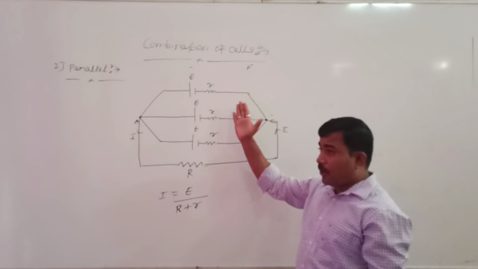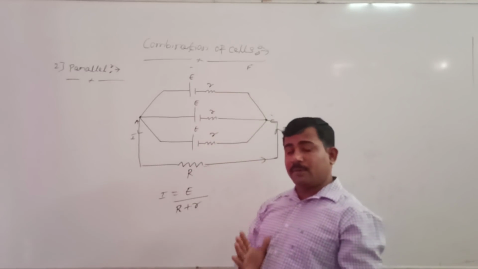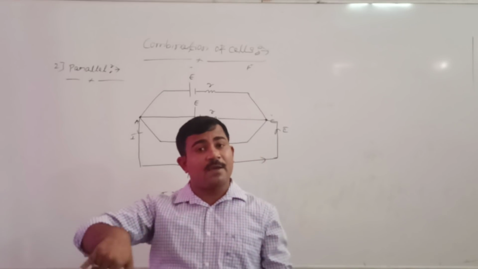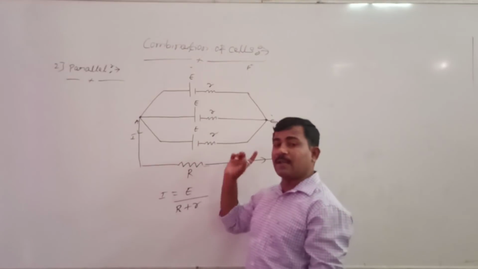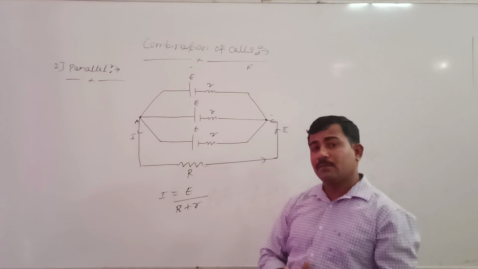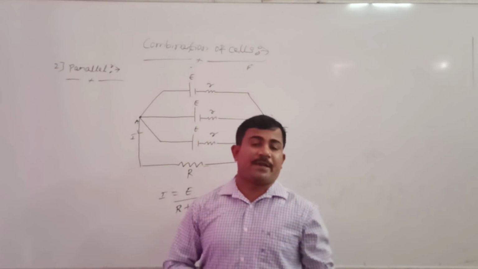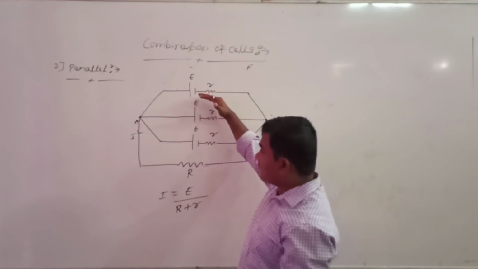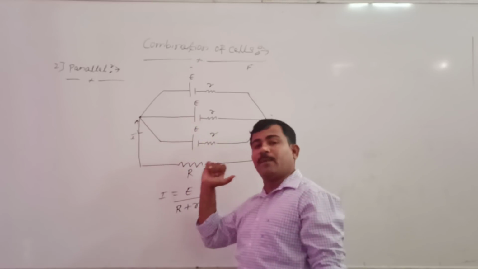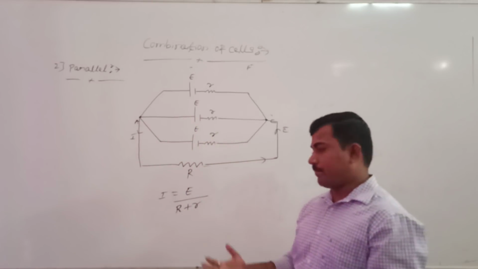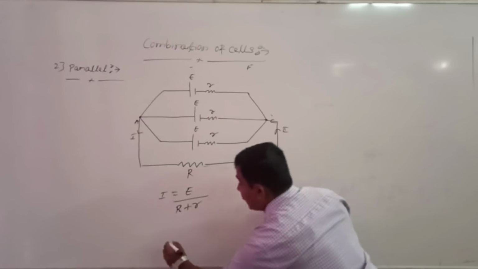But in parallel combination, what remains the same? In parallel combination, the EMF across each cell remains the same, but what will divide here? Current will divide here. Across each cell the current will divide, but across each cell the EMF and terminal potential difference remain the same. So how to write the effective EMF?